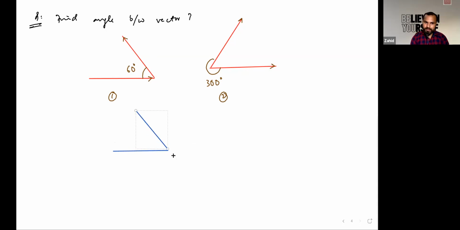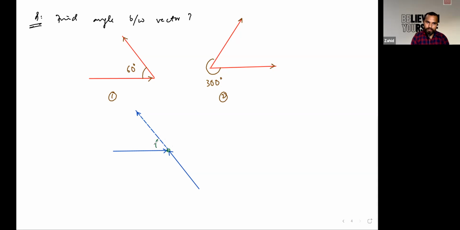So you may extend this particular vector along this path, keeping its length remains same. This is your first vector and this is your second vector. So you shift this particular vector along its own path without changing its length. So it will be treated as same vector. So now these two vectors will become coterminal vector.